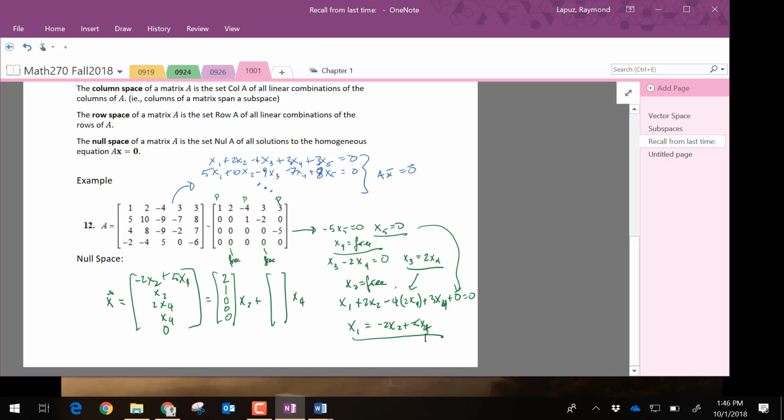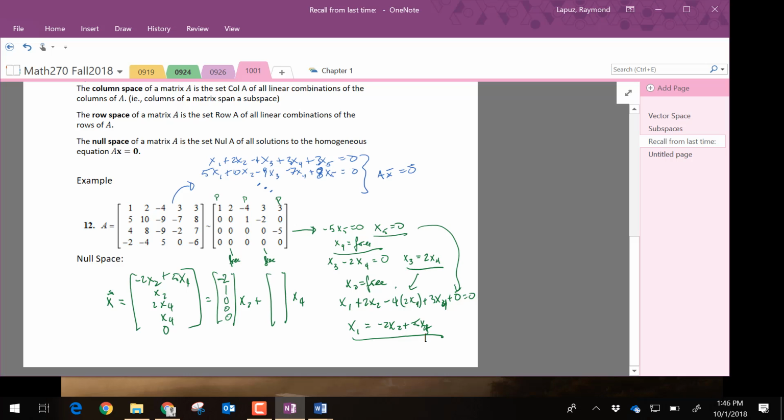Well, this has an x4, and if we want to think about it, it has a 0 x2. Negative 2 x2 plus 5 x4. Oh, negative 2, yeah.